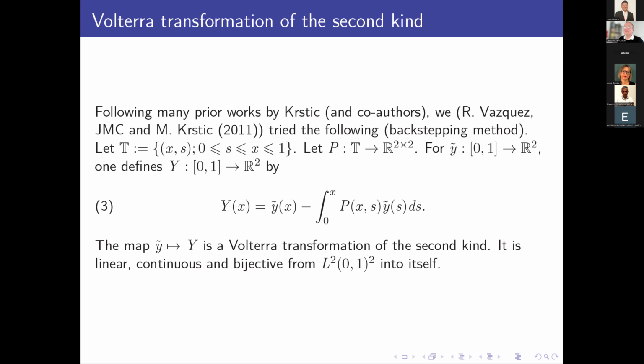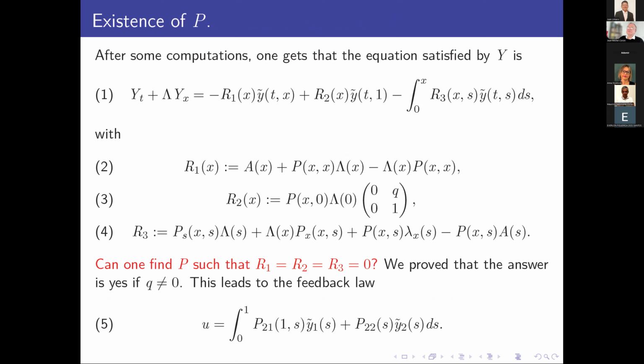And you see that it is possible if and only if P satisfies (1), (2), and (3). The PDE part, which is (1), is a hyperbolic equation, and you have some boundary conditions given by (2) and (3). But it's not given on some rectangle, it's given on some triangle. So you have a hyperbolic system on a triangle.